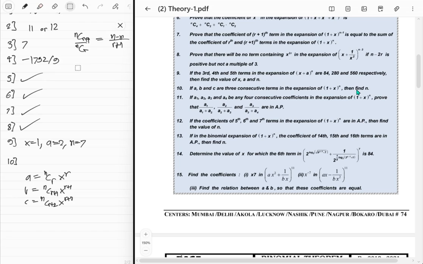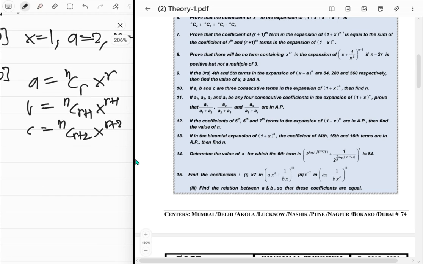So then let's get rid of all of this, and I'm just going to divide, because I don't want that r right there. This will be basically nC(r+1) upon nCr, that's just B upon A. So B upon A times, I just don't want that x or r.